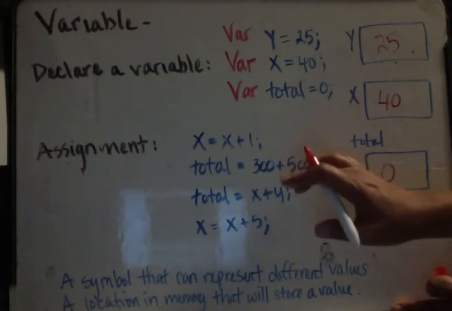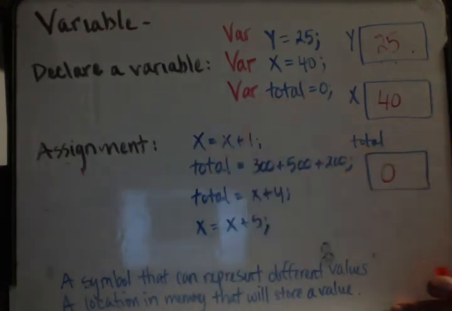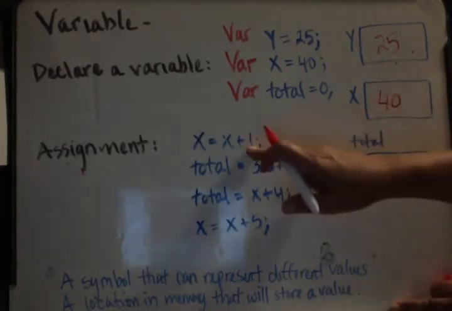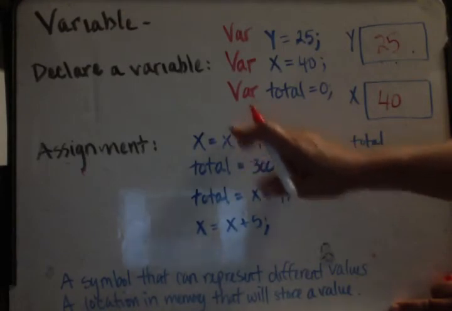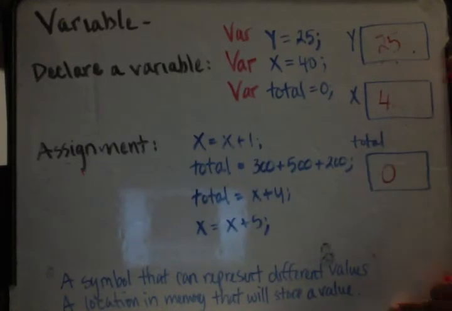So we do calculations and then we store the value in the variable. So let's take a look at this first one, x equals x plus 1. So right now the value of x is 40. So 40 plus 1 is 41. So now we have 41 and we're going to put that in the x. 41 is the new value of x.